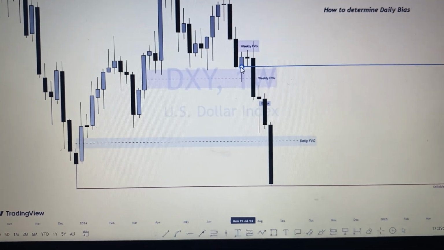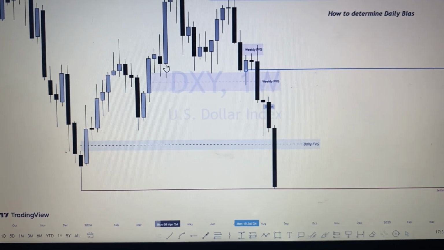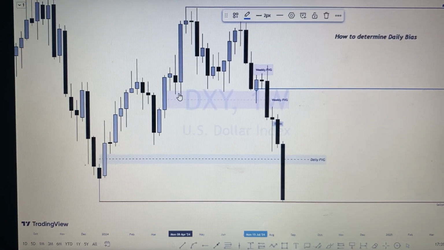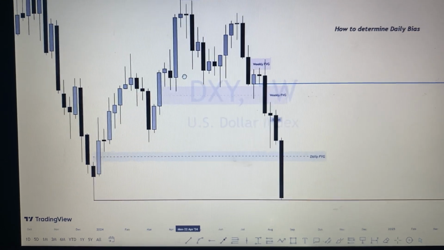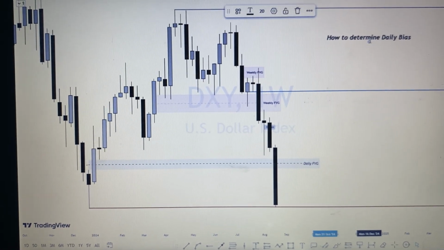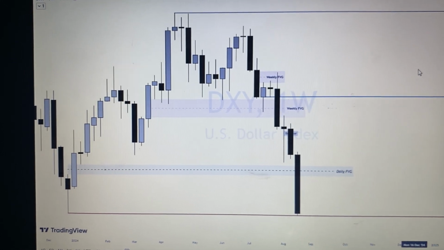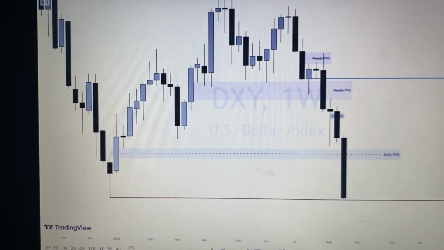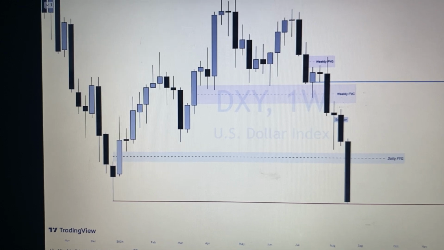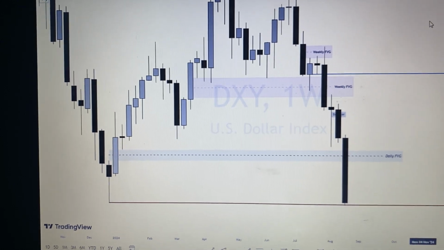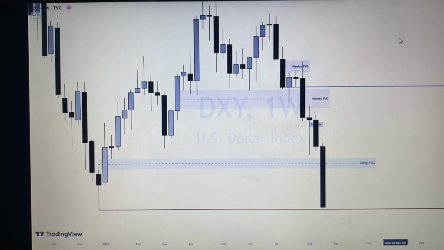We have a fair value gap right here, and then we have sell side right here. It's important to know how to read the chart when you want to determine your daily bias. If you don't know how to read a chart, it's going to be very hard for you because the daily bias is something advanced, my guy.